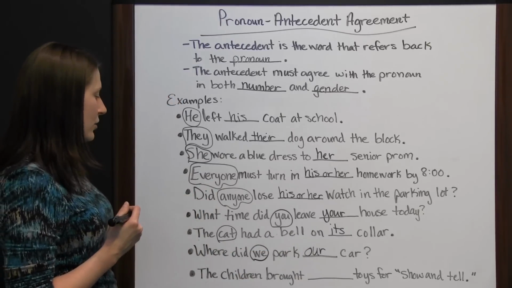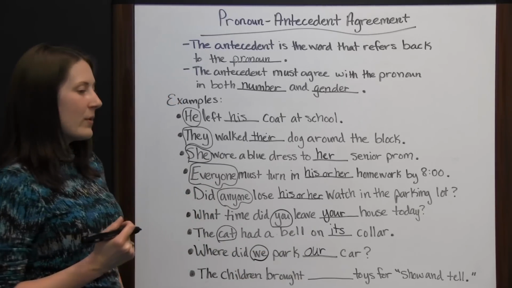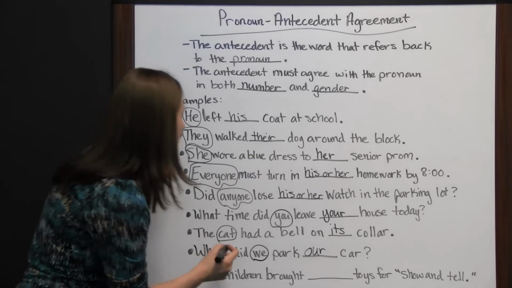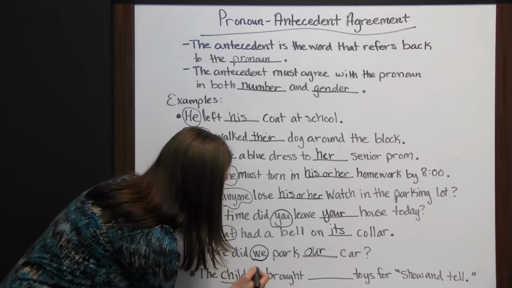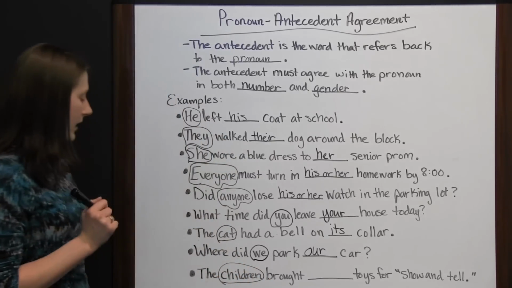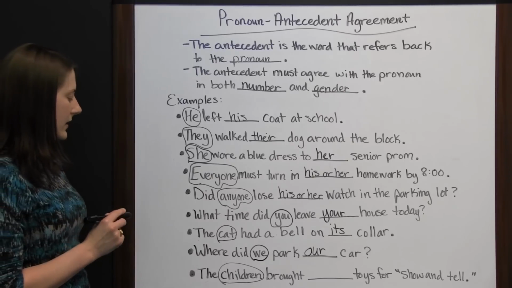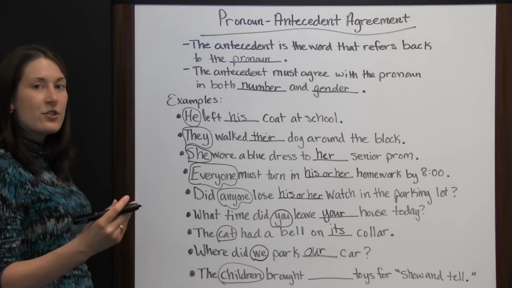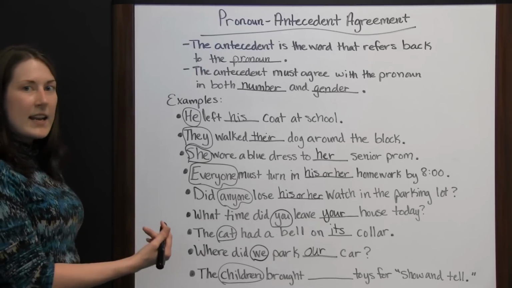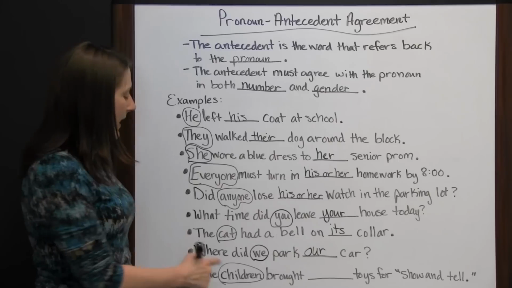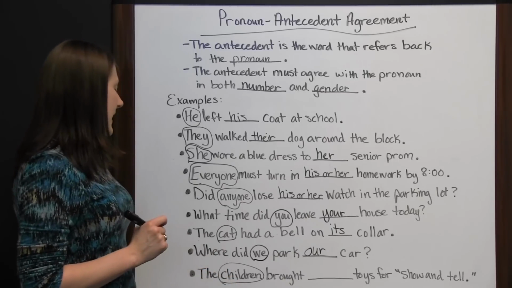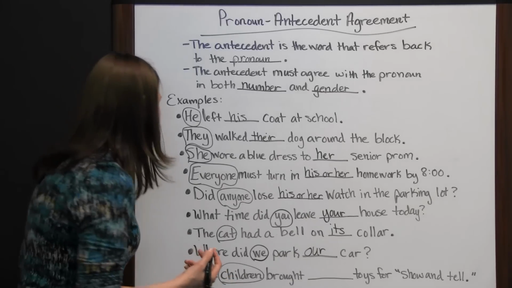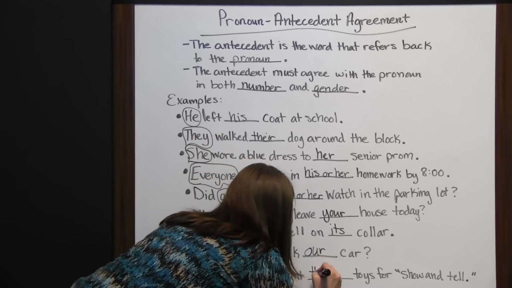And lastly, the children brought blank toys for show and tell. This is another one I didn't put a pronoun in, but we can look at our plural subject here, and it doesn't give us a specific gender, it's just a group. So we need an antecedent that will work with a plural word that is gender neutral. And we will say their.